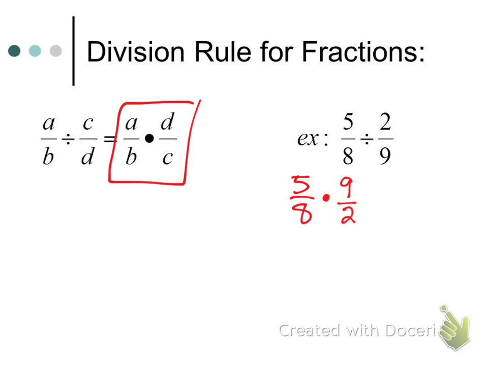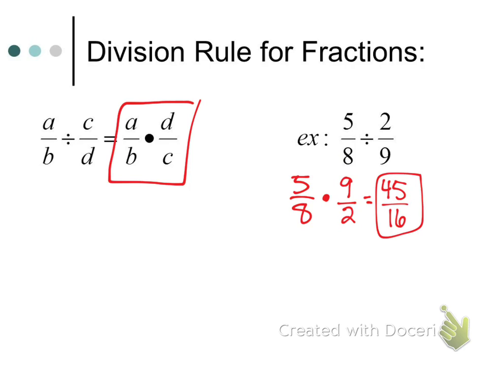Multiply 5 and 9. 5 times 9 gives me 45, and 8 times 2 gives me 16. Okay?